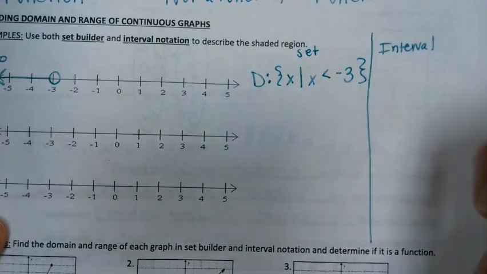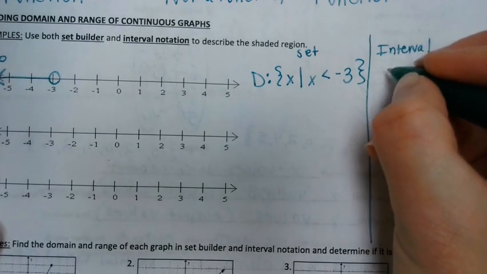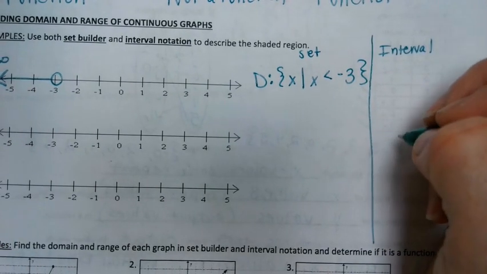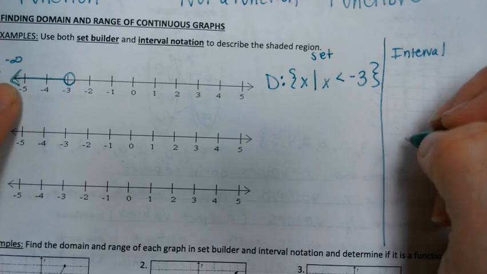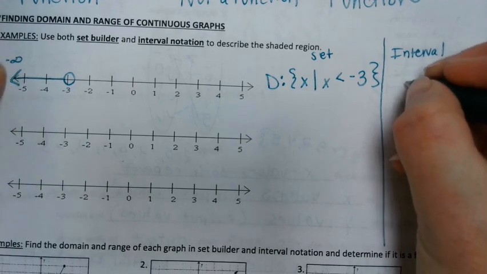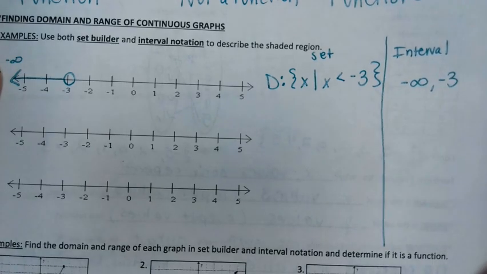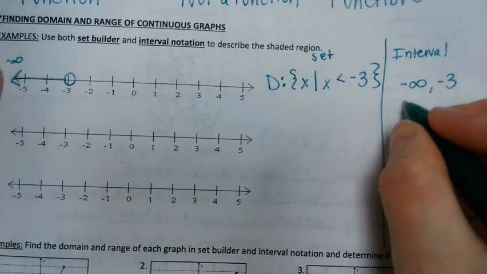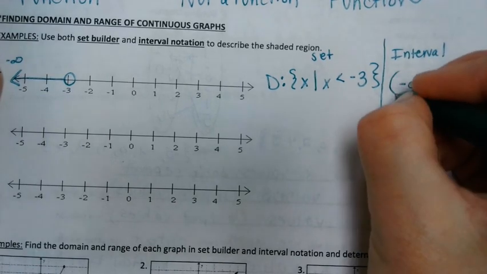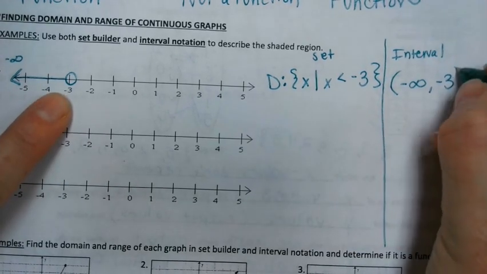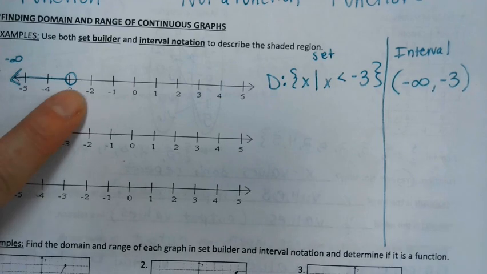So interval notation is with either brackets or parentheses describing what these values are. So it goes from -infinity to -3. Anytime you have infinity, it's always a parenthesis. And if it's an open circle, it's a parenthesis. You would use brackets if this was closed.